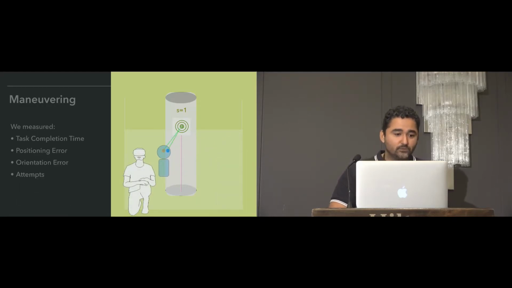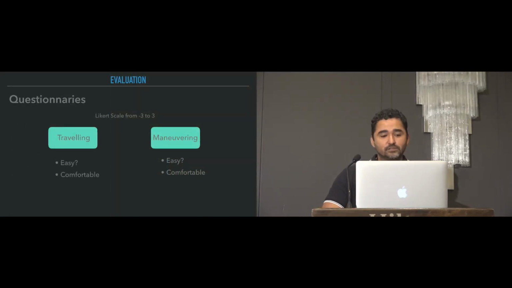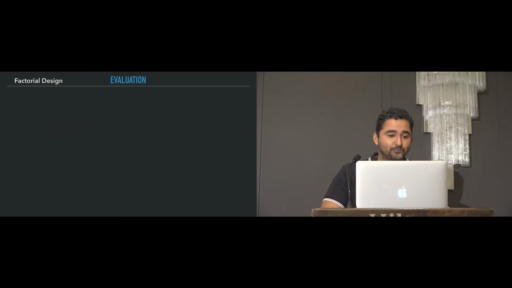And of course, we also measure the task completion time, starting since the user starts aligning the eyes, positioning and orientation errors, and the number of attempts that the user took along this task. And at the end of each trial, we include 4 basic questions, because we wanted to know how easy or how comfortable each of traveling and maneuvering was independently.